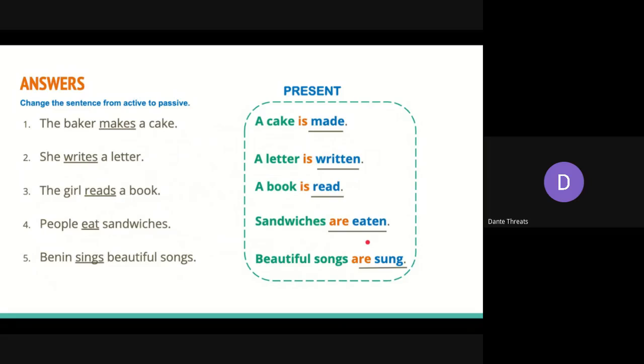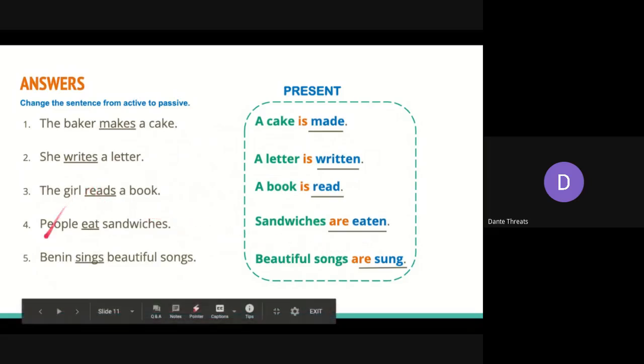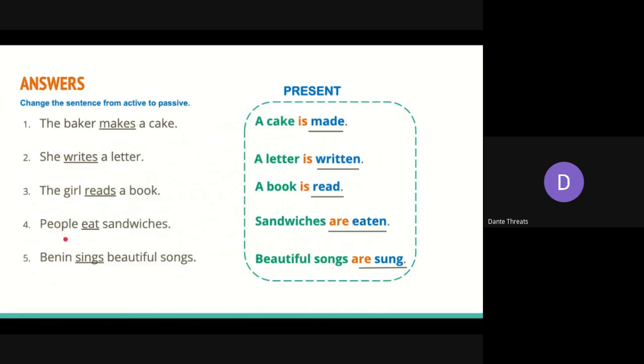Why? Because we take out the subject, right? What do we do next? Yes. Okay, we make the object the subject. Yes. All right.